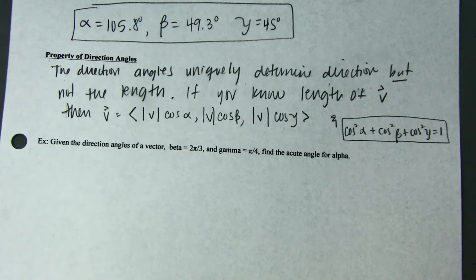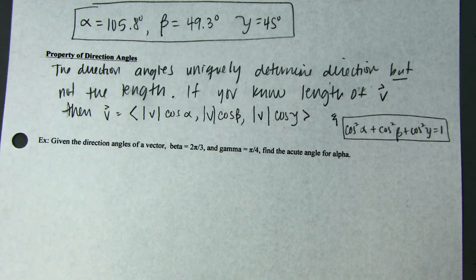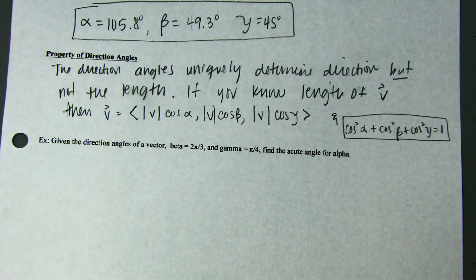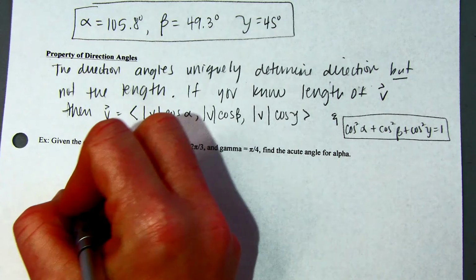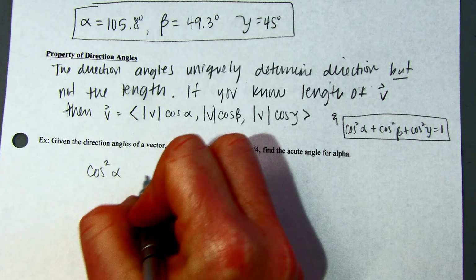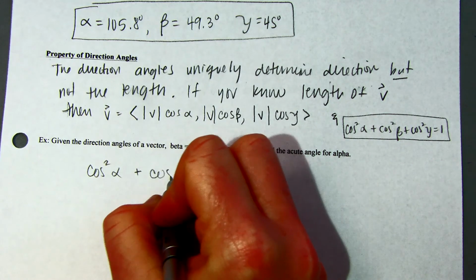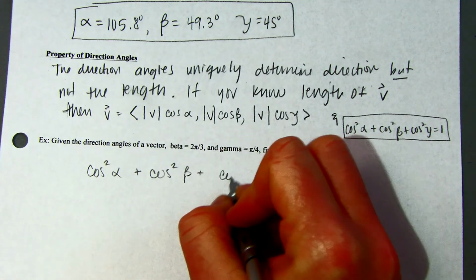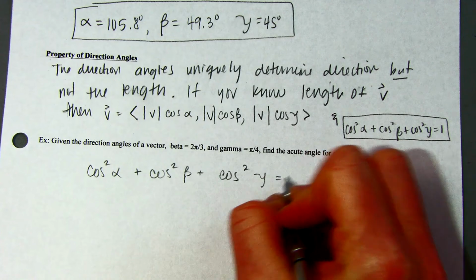Okay, so our last example for today says, given the direction angles of a vector, beta equals 2 pi over 3 and gamma equals pi over 4, find the acute angle for alpha. So, using this property, cosine squared alpha plus cosine squared beta plus cosine squared gamma is equal to 1.